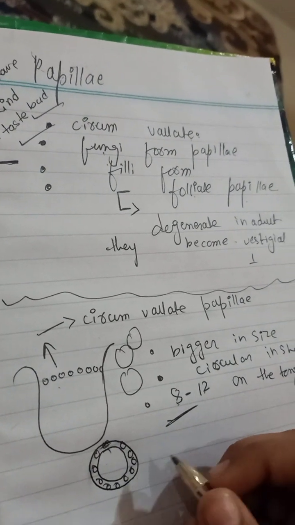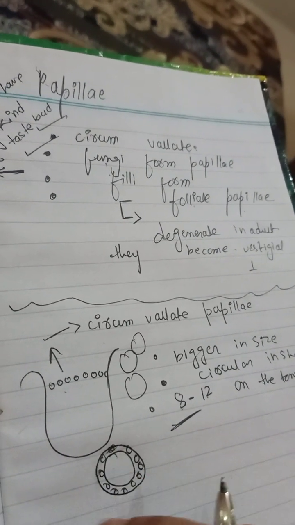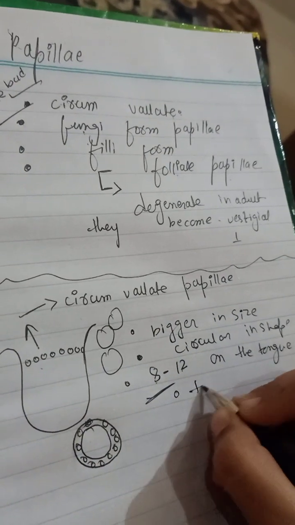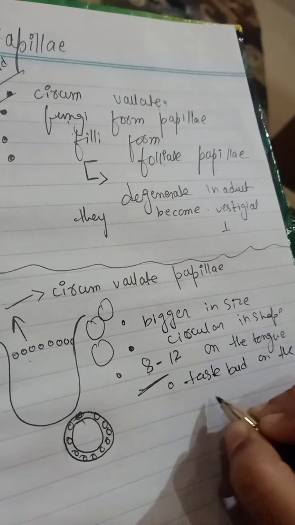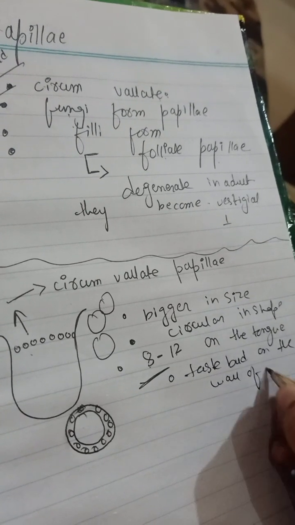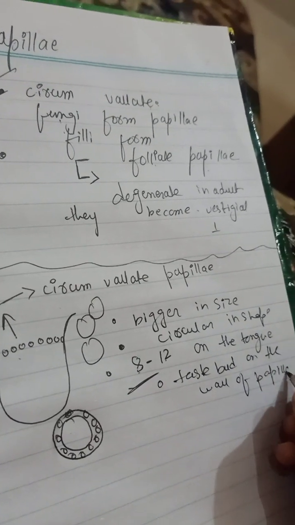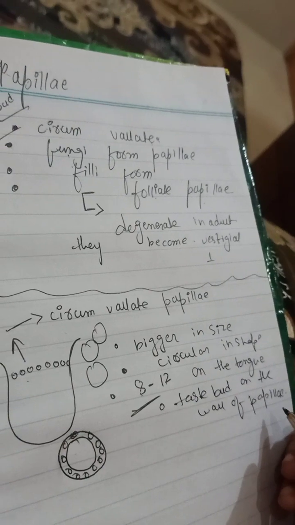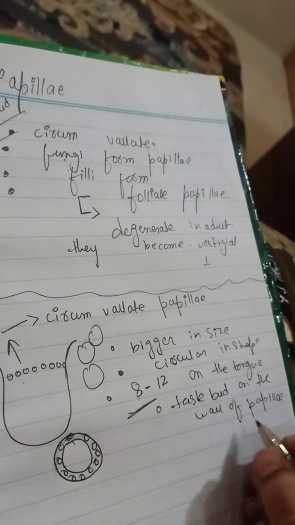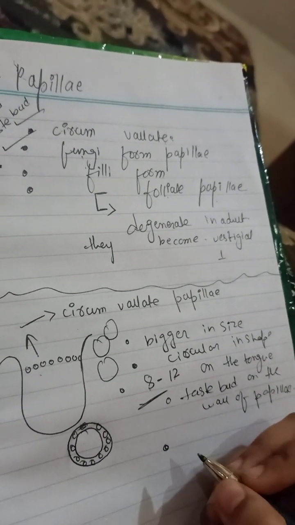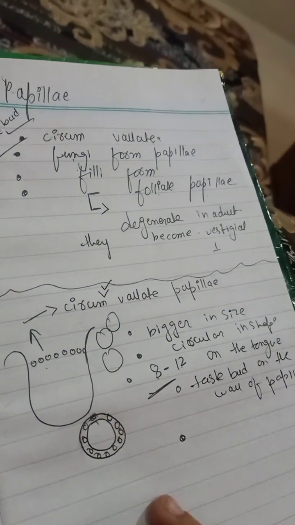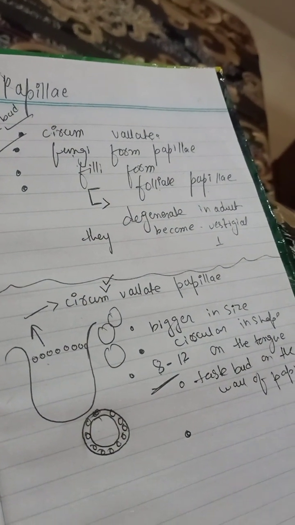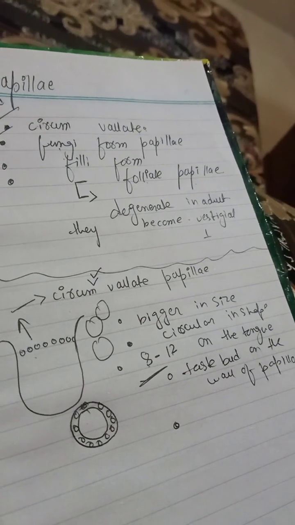So the taste buds are on the wall of the papillae. Now they are present posteriorly, and which type of taste do they carry?